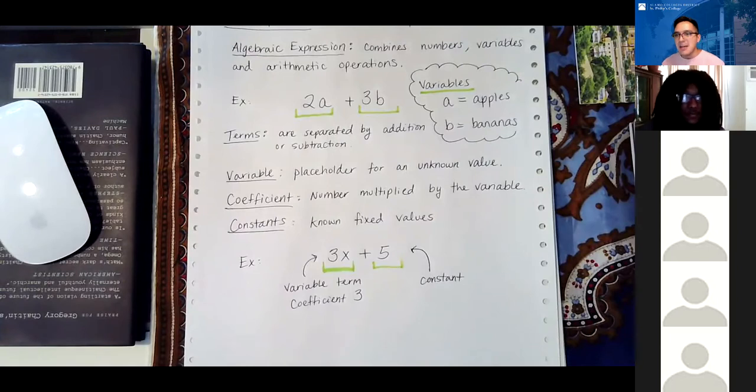I know it's not realistic, but let's just go with that example. Well, because I don't have any cash on me and I really want these 3 apples, I'm going to pay for the 3 apples. So that would be 3 times the cost of the apples plus this flat fixed fee of $5, right? So that's how we could sort of interpret this algebraic expression. It has a variable term, it has a constant term, it combines numbers and variables with our arithmetic operations, okay?